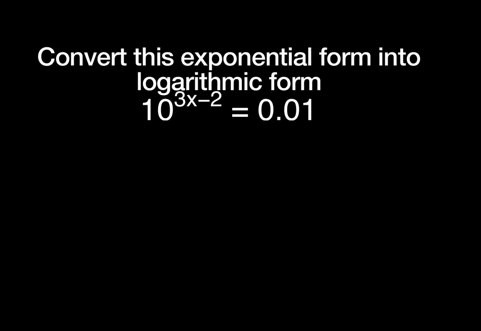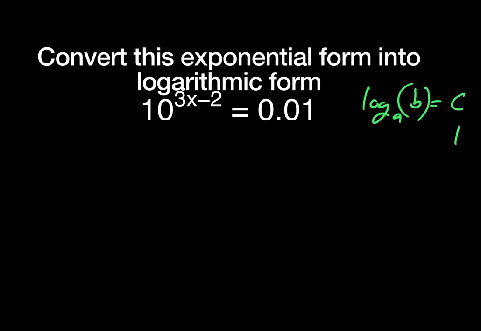Other way around, if I have something that is in exponential form, and I'm asked to convert it into logarithmic form, I start with the exponent. This is what it's going to equal, because the exponent, again, log base a of b equals c.